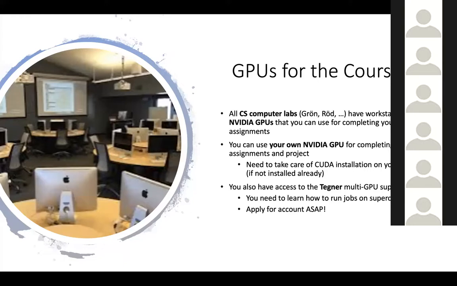The first one is the CIS computer labs. For instance, you might know these green, red, I think there is also orange and blue. All these labs have NVIDIA GPUs. These are the GPUs that we will use for programming.